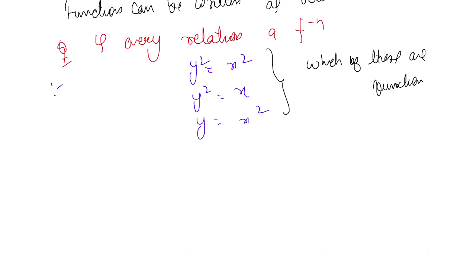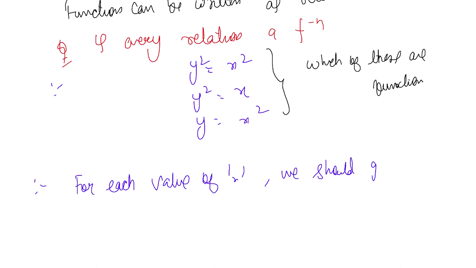Before that, let me explain the mathematical interpretation of being a function. The simplest way is: for each value of x, we should get one y.